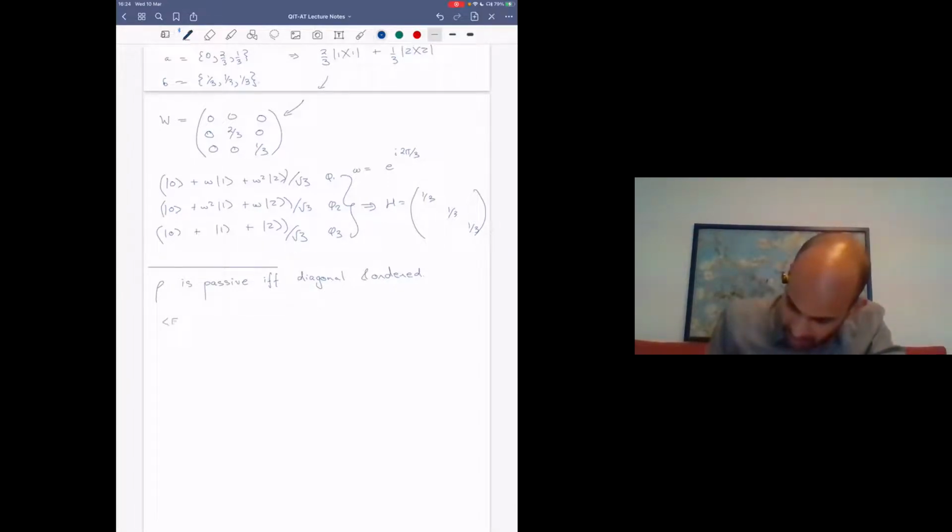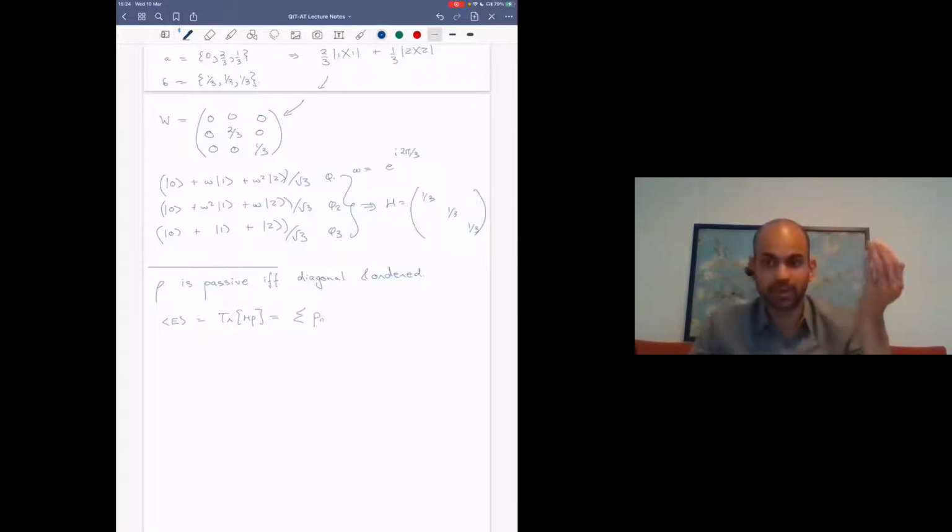The average energy of rho you could write as trace of H rho, but the better way to write it is as the sum of the populations P_n, which remember are the diagonal elements in the energy eigenbasis, times the energy E_n. And so minimizing the average energy under all unitary operations is minimizing this linear function.